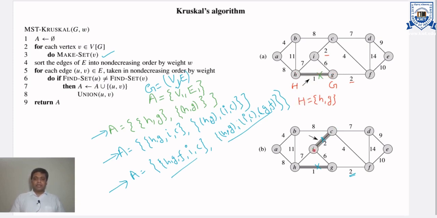Likewise here, I and C are selected. Before selecting this edge, I was a separate set and C was a separate set, but once this edge is selected, I and C are condensed, taking a union of these two. So I and C are in the same set, and give it either name, let's say C or H, whatever.